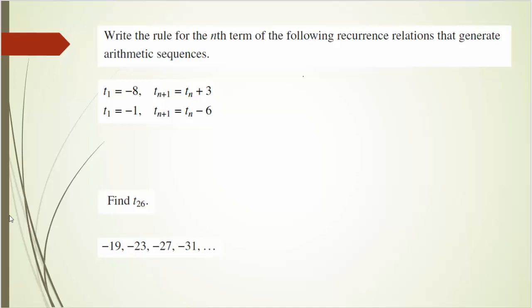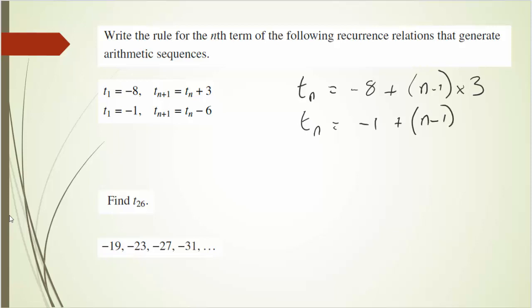So you're still going to write Tn equals, well, T1 is minus 8, so a is minus 8, plus n minus 1, and the difference, you can see from the end there, is 3. Second one, Tn, this is what you do every time to write the rule, negative 1 plus n minus 1, always n minus 1, times negative 6.